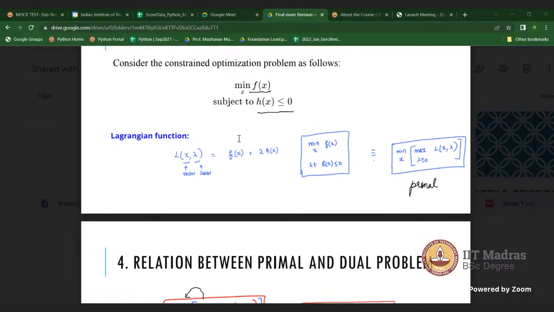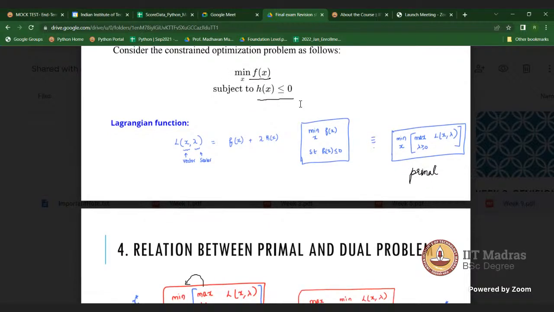Now, when we minimize the max over lambda greater than or equal to 0 of L of x comma lambda, we are minimizing f of x only in the case of h of x less than or equal to 0, because the infinity case will not be considered as we are looking at the minimum, not the maximum. Is this clear until now?